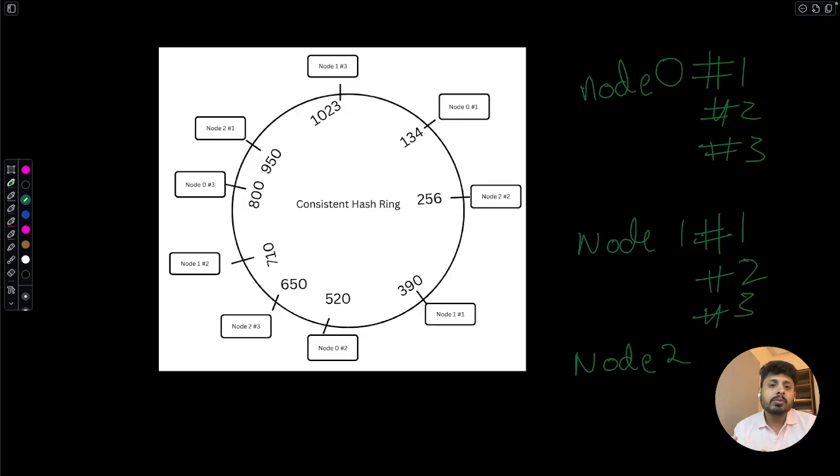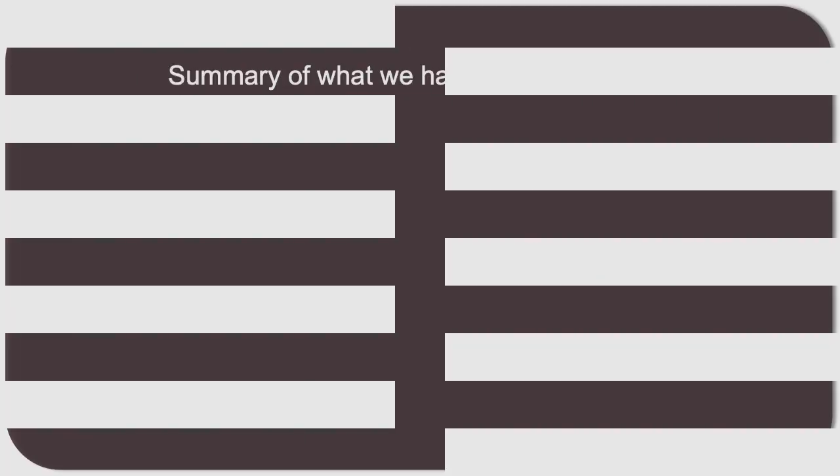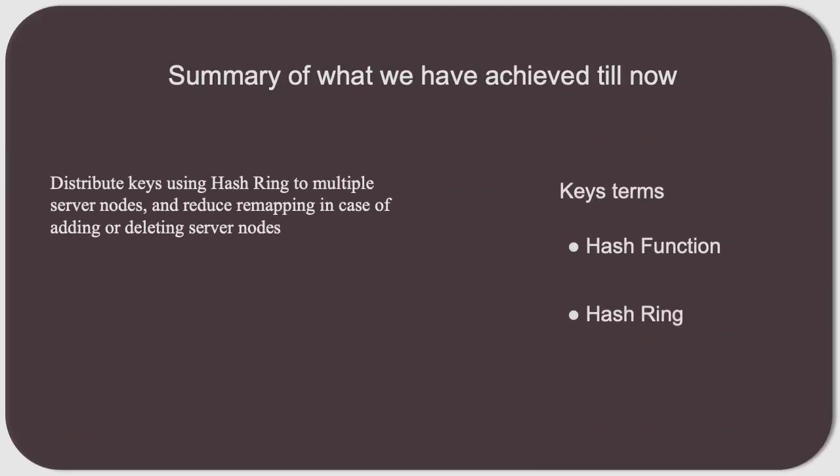Now, before we move forward and understand replication, let's take a step back and understand what we have achieved till now. And trust me, if you have reached this point, you already are a winner because you understand how you can design a scalable system, right? So till now, we are able to achieve a hash ring mechanism for distributing my caching keys, where we reduce the number of remappings whenever there is a server addition or deletion, right?